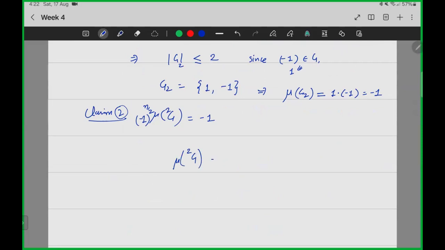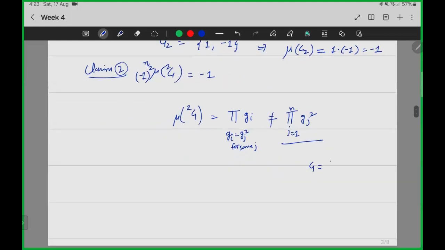Mu of 2g is nothing but the product of the square elements, right? Sorry, the product of those g_i which are squares of something. This is not equal to the product of g_j squared, j running from 1 to n. This is not necessarily equal in general.